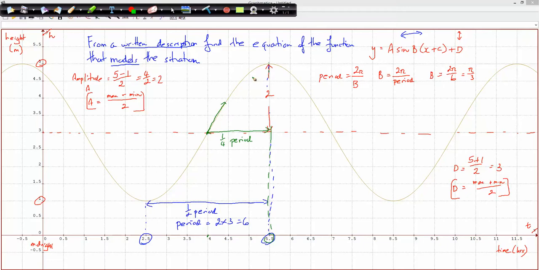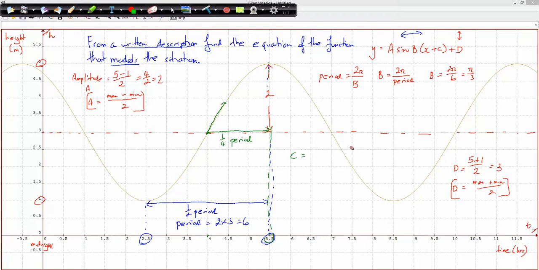From the maximum back to the start will always be a quarter of the period. So if I wanted to calculate c in this case, I could say c would equal 5.5 minus a quarter of the period. We know that 6 is the period, we calculated that before.